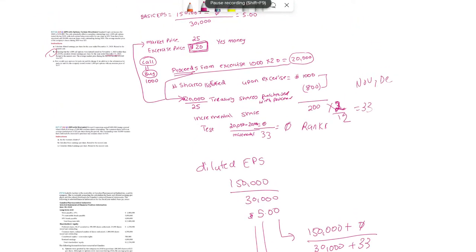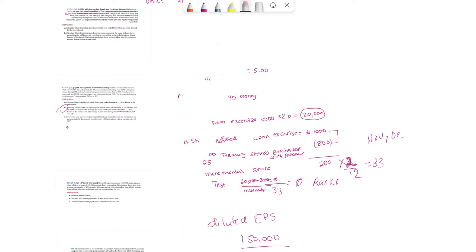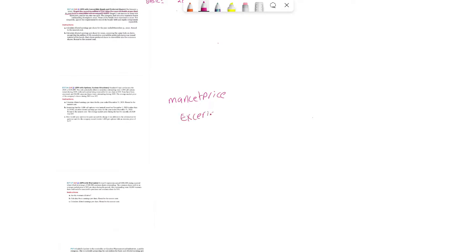Now what is part C of the question asking us to do? Part C is asking us to do the put option. A put is to sell. Would you sell it? You want to make your money. So we have two prices: a market price and an exercise price.